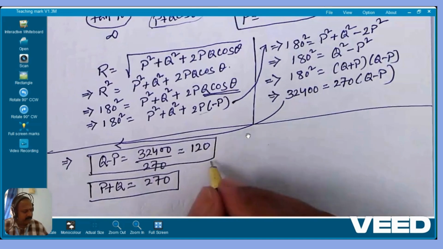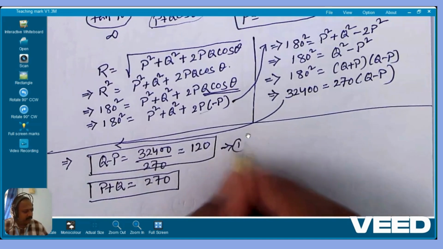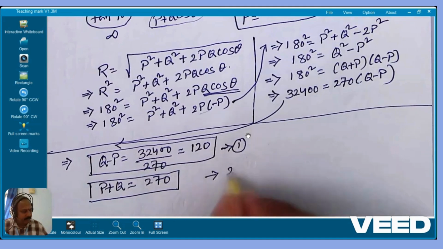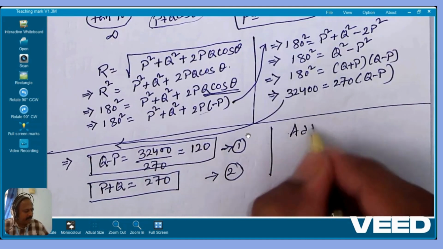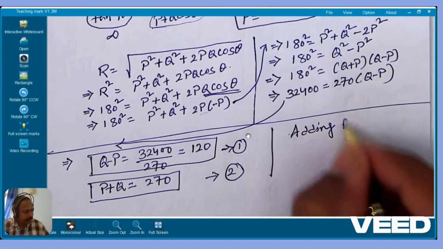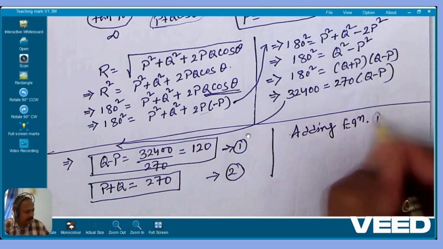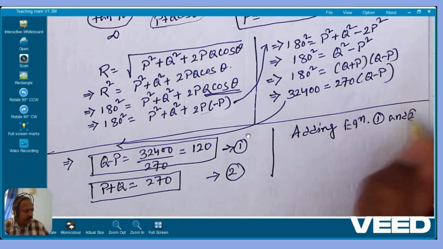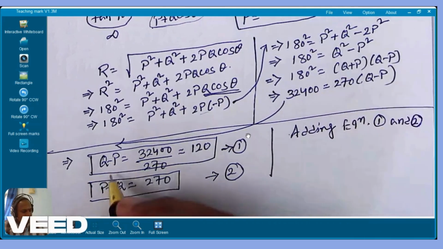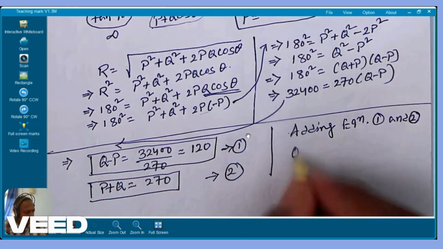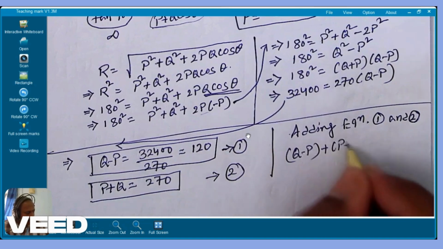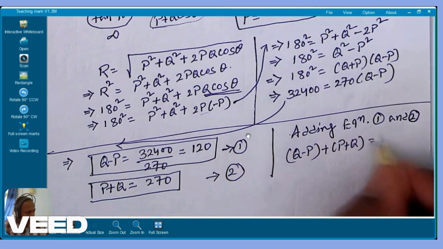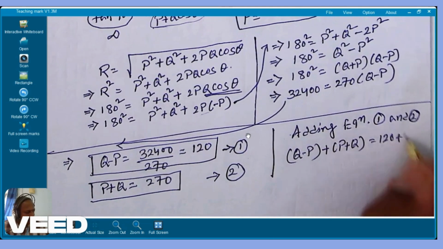Now let us take this as equation 1 and equation 2. Clear? So now adding equation 1 and 2. When we add equation 1 and 2, what will happen? Let us add Q minus P plus P plus Q is equal to 120 plus 270.